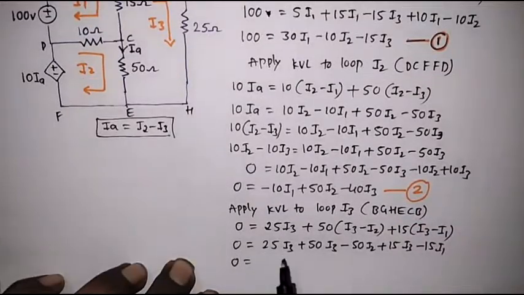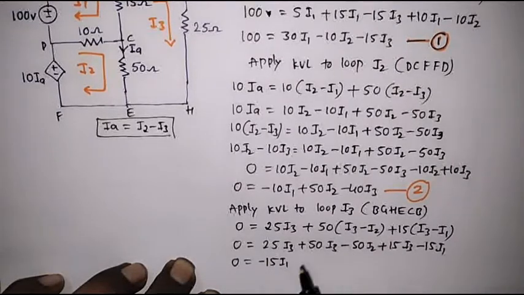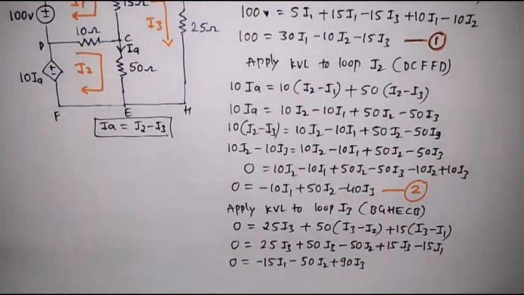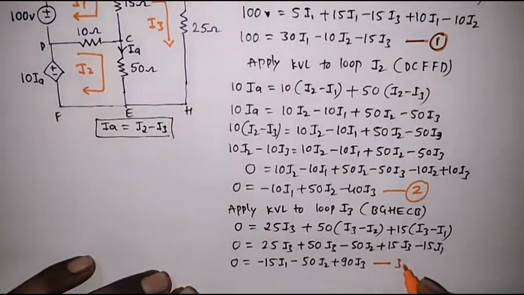So 0 is equal to minus 15 I1 minus 50 I2, and the remaining are I3 terms, that is 25 plus 50, 75 plus 15, 90, plus 90 I3. We'll call it equation number 3.